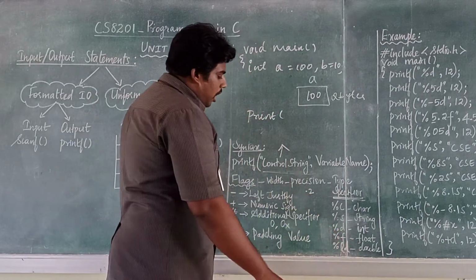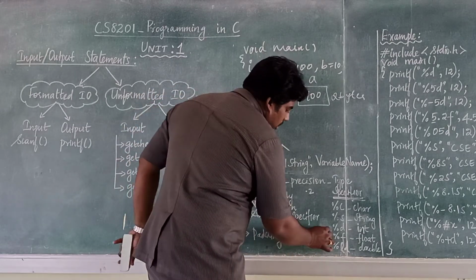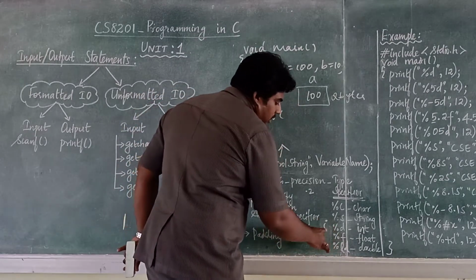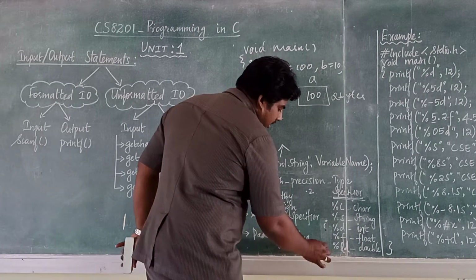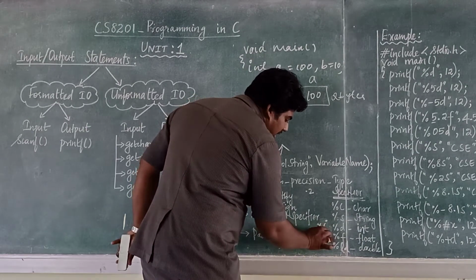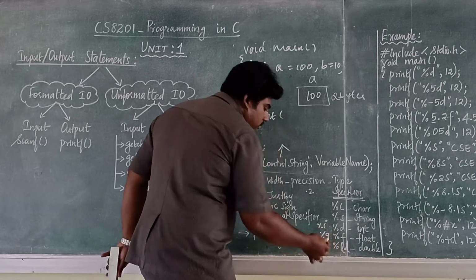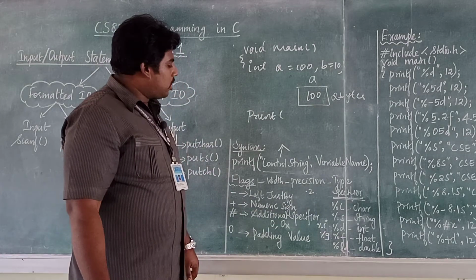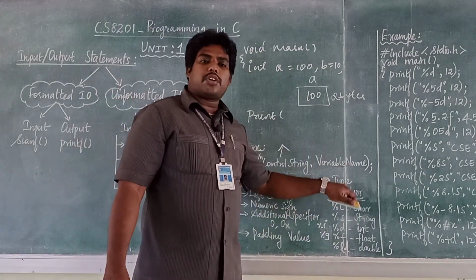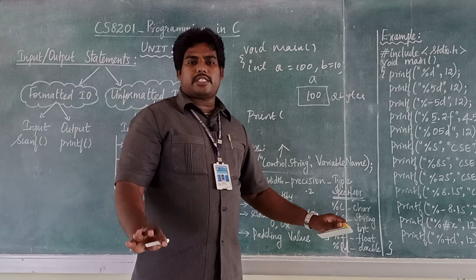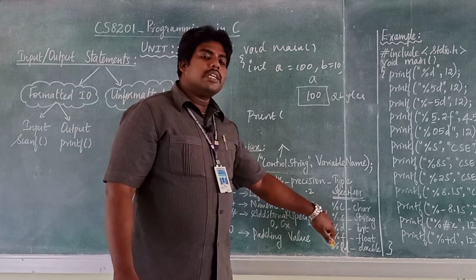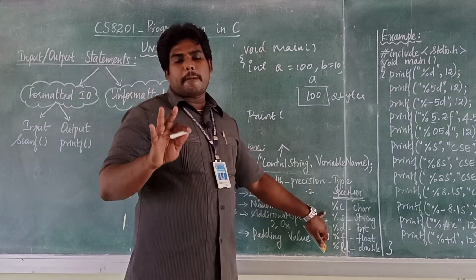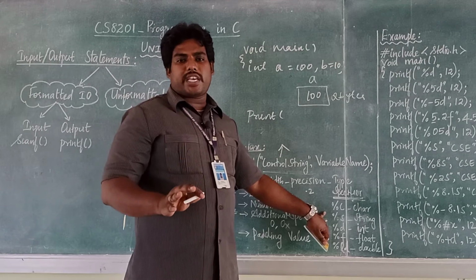Along with this, you can use %i, which is also integer, and %g for float. These are the standard control strings and they should not be changed. The main important thing is this type specifier.